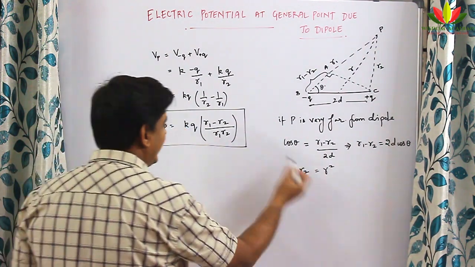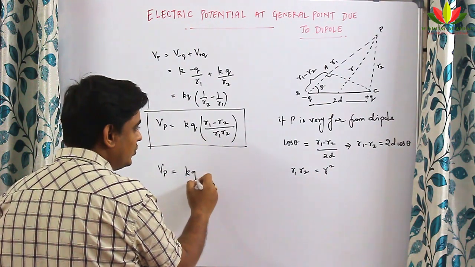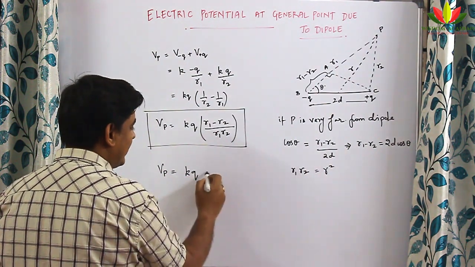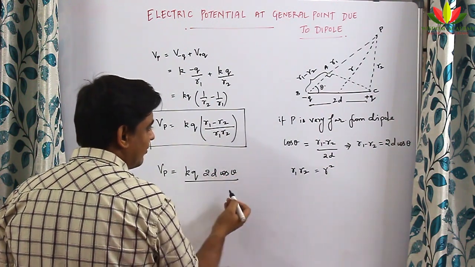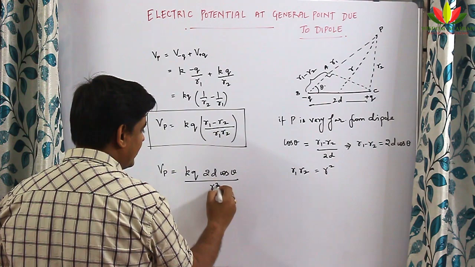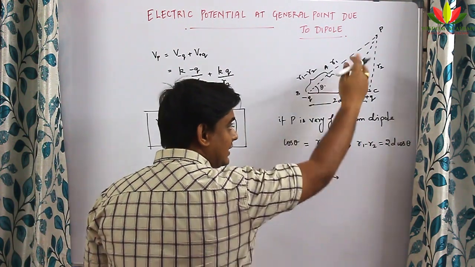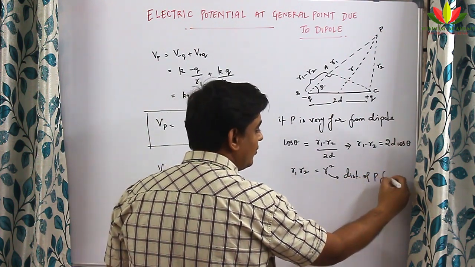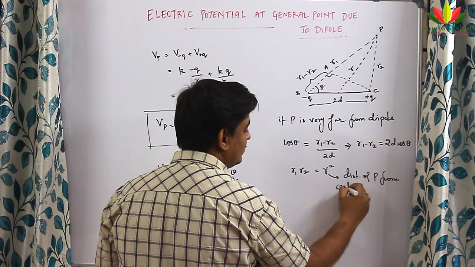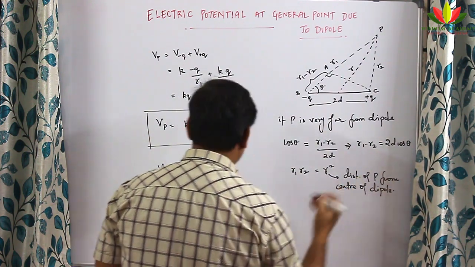So putting these two values here, I will get Vp is equal to k into q into, instead of R1 minus R2, I will write 2d cos theta, divided by R1 R2, which is R square. Now this R becomes what? R is the distance of P from the center of the dipole.